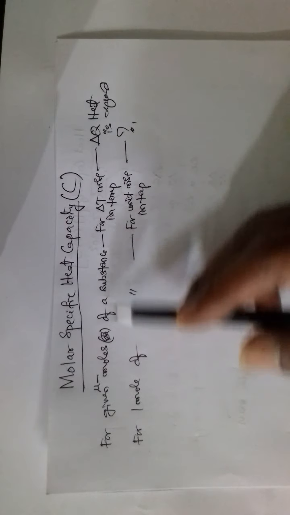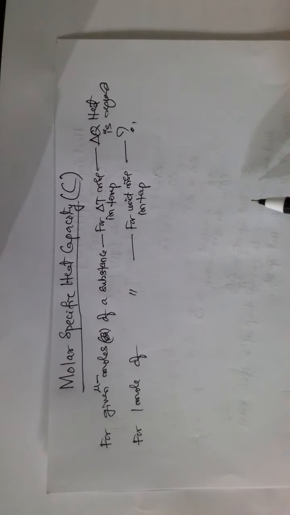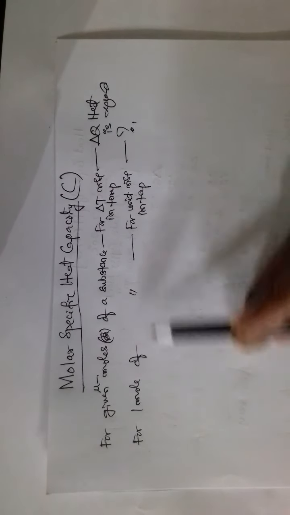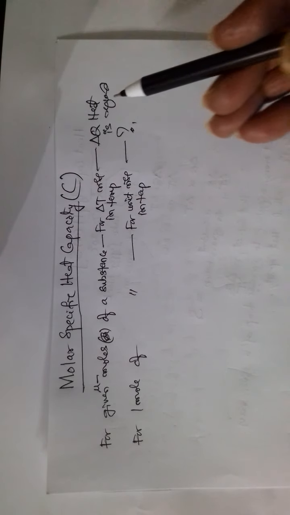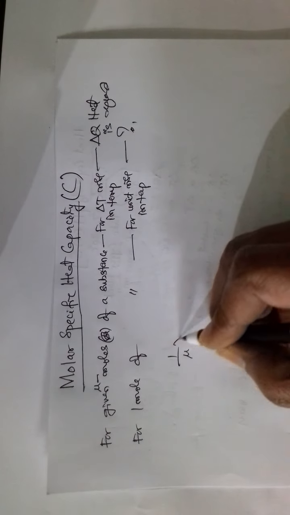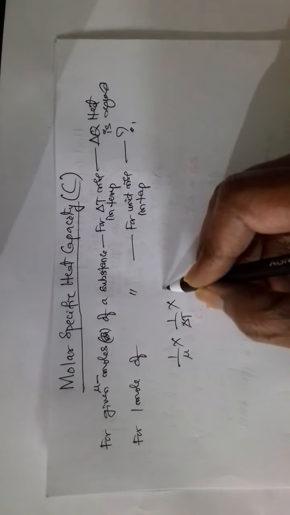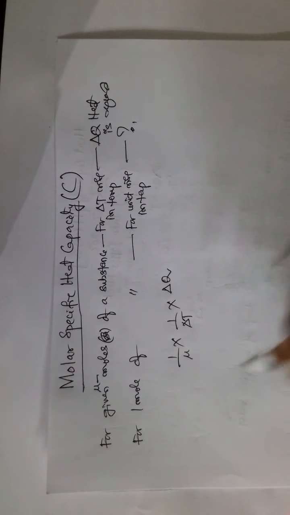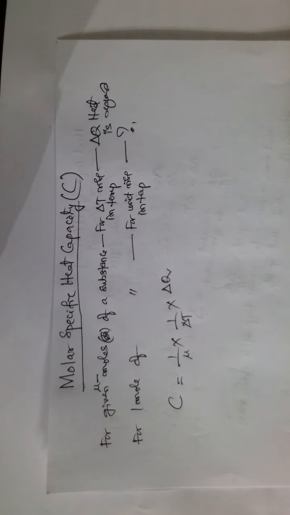For mu moles of a substance, for delta T rise in temperature, delta Q amount of heat is required. For 1 mole of a substance, for unit rise in temperature, how much heat is required? So 1 by mu into 1 by delta T into delta Q, and this is called molar specific heat capacity.